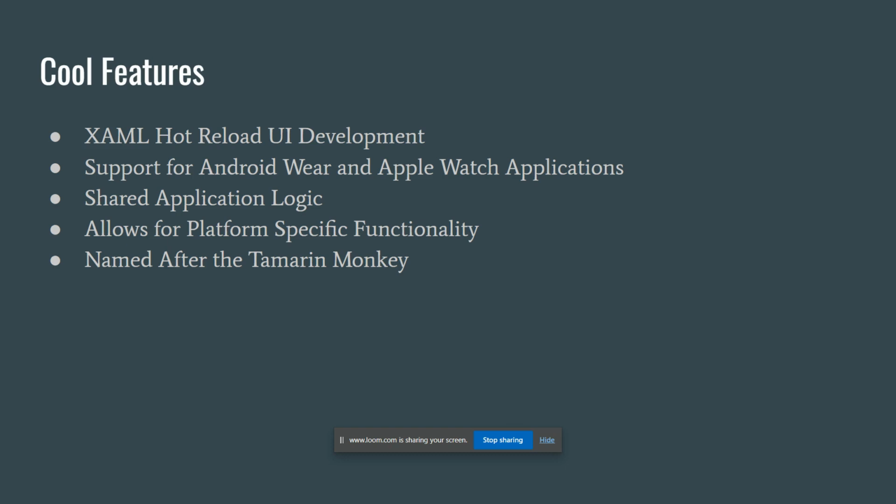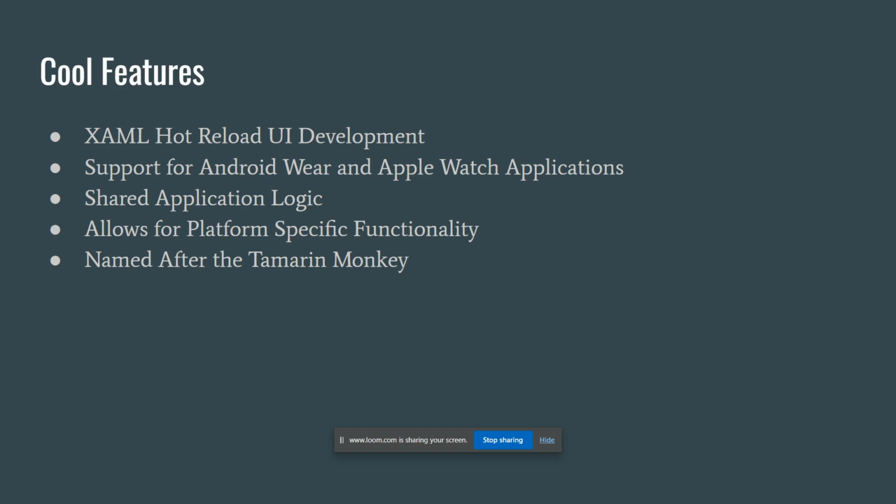It also has support for smartwatches, which is really cool. Android Wear, Apple Watch, so you can create that extension and have your app function on watches. It does also allow for platform-specific functionality, so there are some things that just have to be done, not natively necessarily, but targeting a specific platform. For example, right now I'm working on an app where I'm trying to upload pictures.